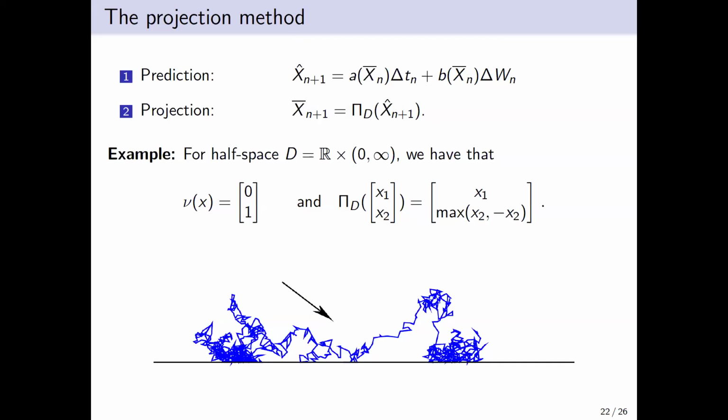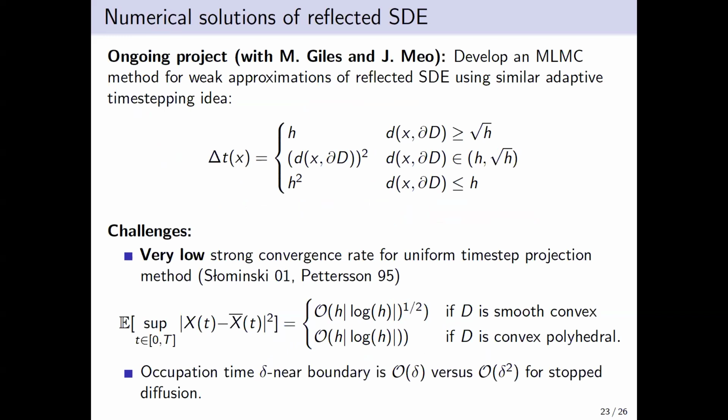If I have just the half space in R2 with the second component being positive, then my projection back in is that I take the maximum of X2 and minus X2. This is how it looks. Again, we want to construct an efficient numerical method for approximating the reflected diffusion process in this case.